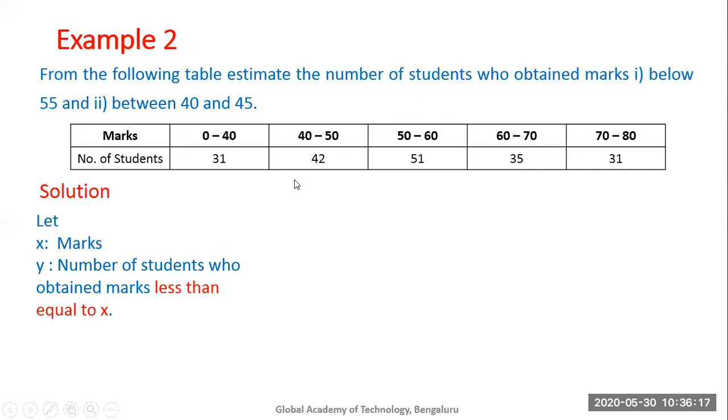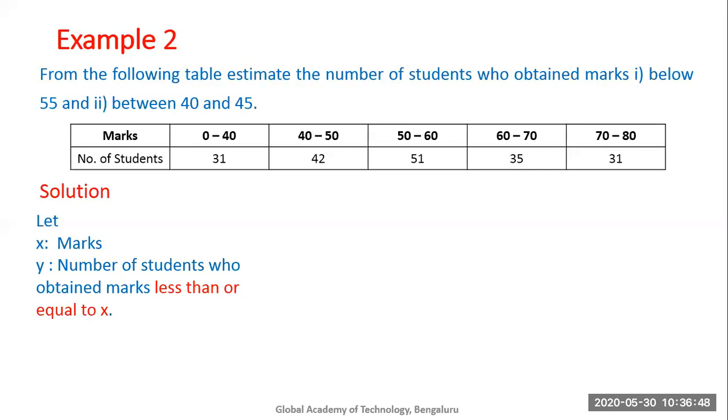So for that, let me denote x as the marks. Since intervals are given here, but we need x0, x1, x2 like that, what I do is I denote y as the number of students who obtained marks less than or equal to the x value, where x denotes the marks.